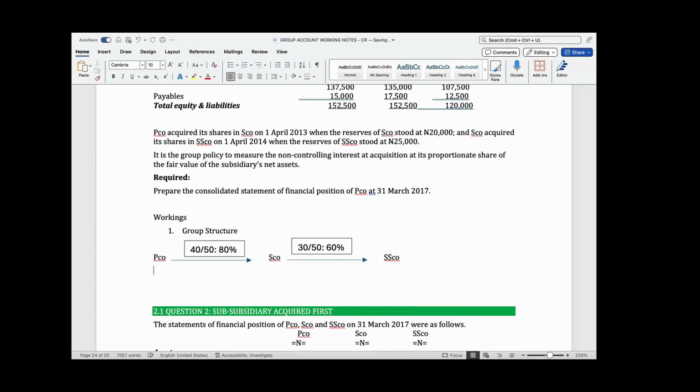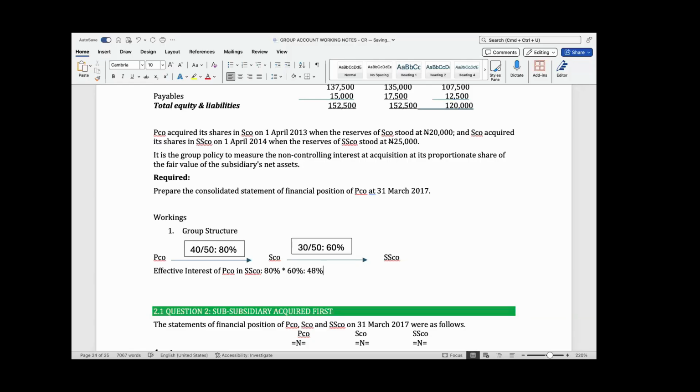So I will need to get the effective interest of Pico in SSCO, which is 80% of anything ESCO has in SSCO, which is 60%. And that will give me what? 48%.